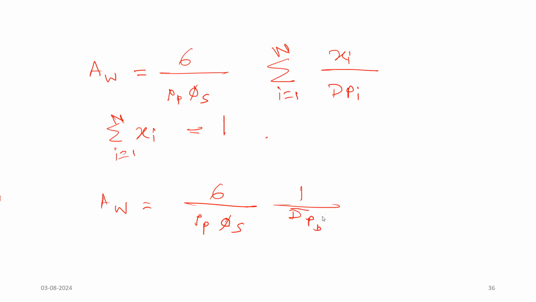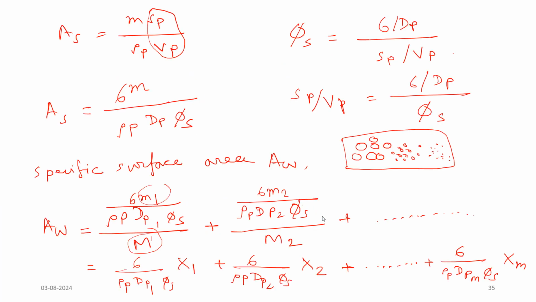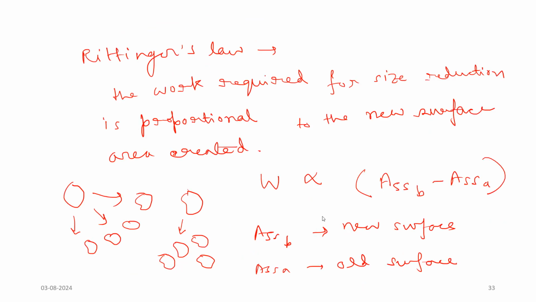So now coming back to Rittinger's law, you have seen that ASSB is the new surface, that means the product surface, and ASSA is the old surface specific area.